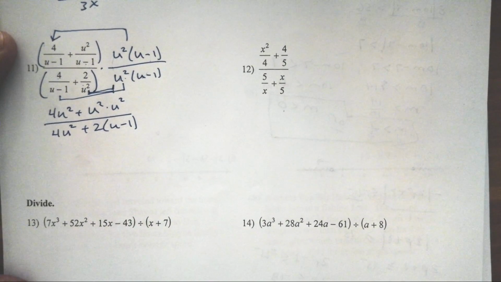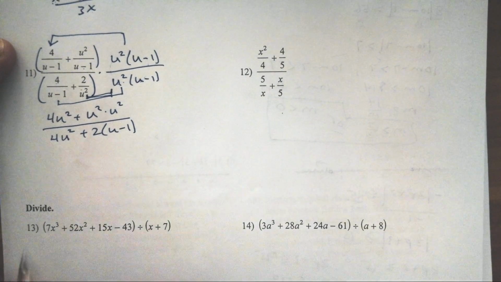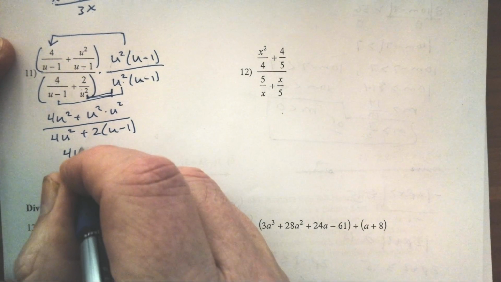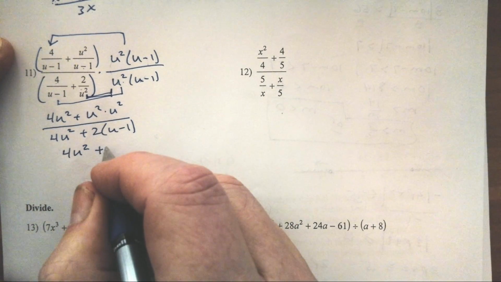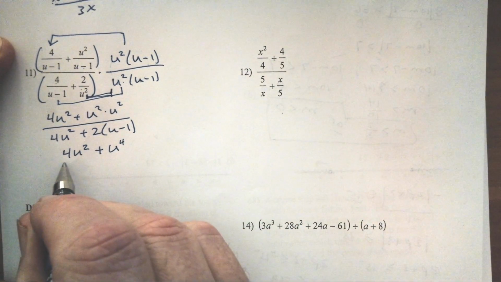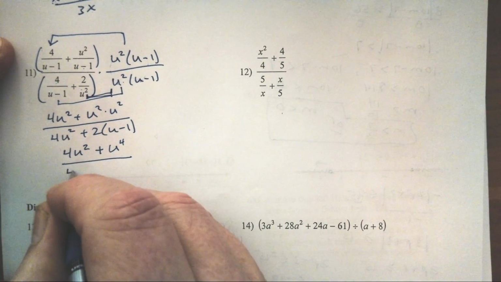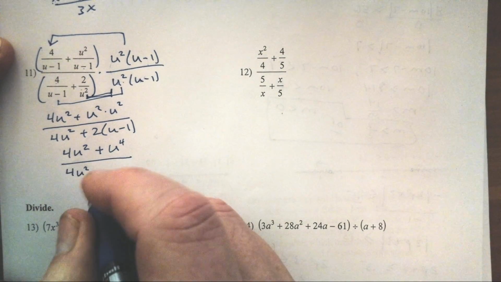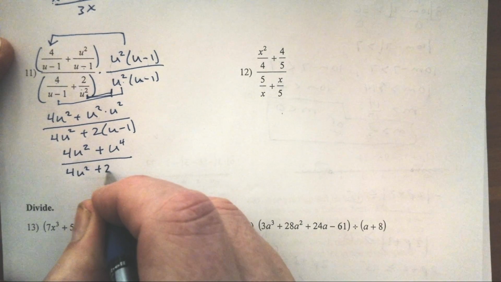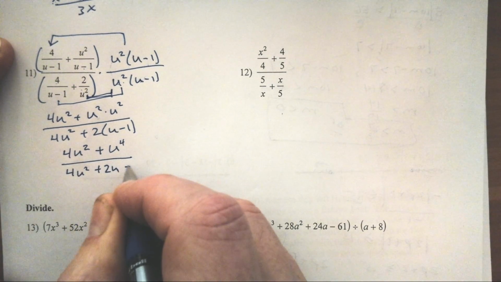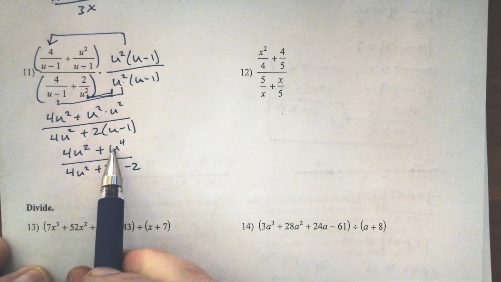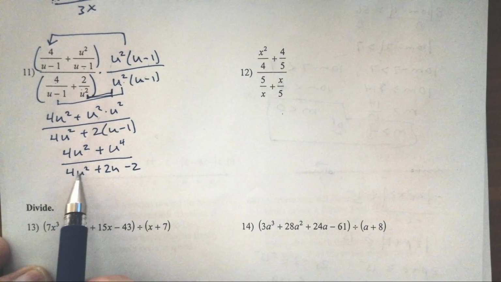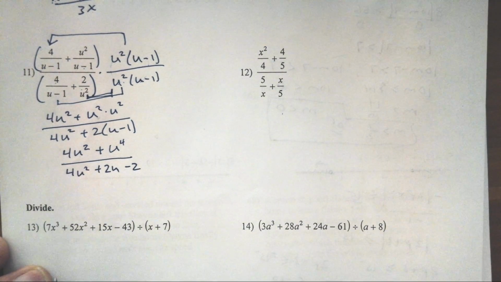So in the numerator, I've got a 4u squared plus a u to the fourth, all over 4u squared plus 2u minus 2. I can't directly cancel anything from up here with anything from down there because I don't have factors.